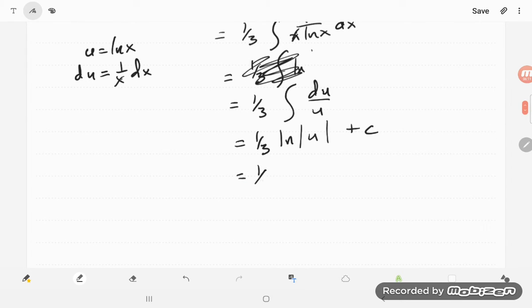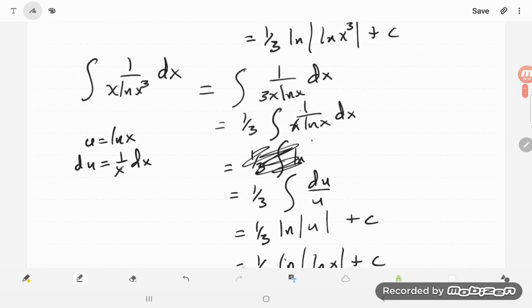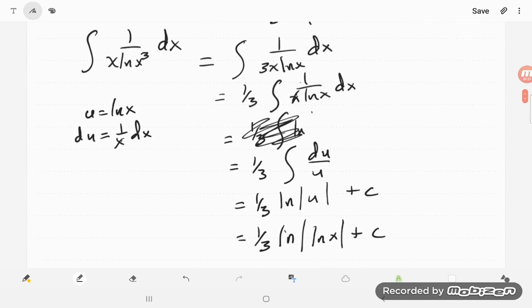And that equals 1/3 natural log of the absolute value of natural log of x plus c.